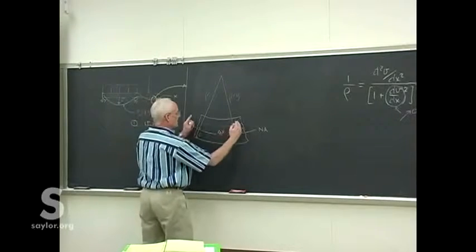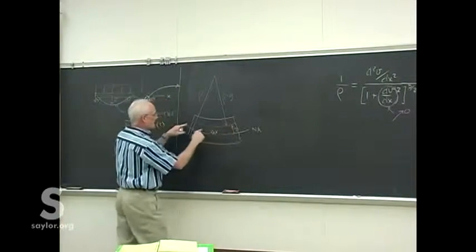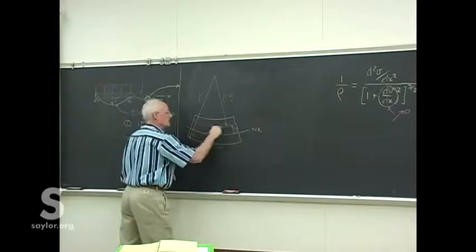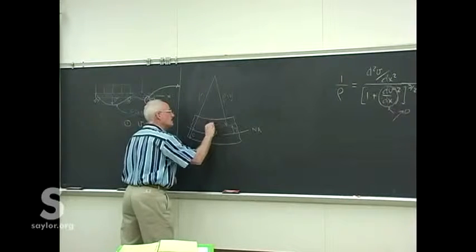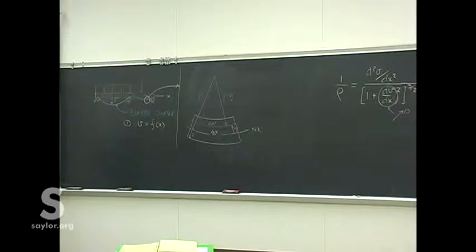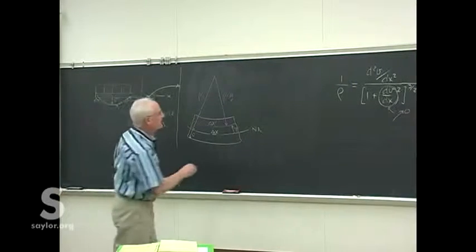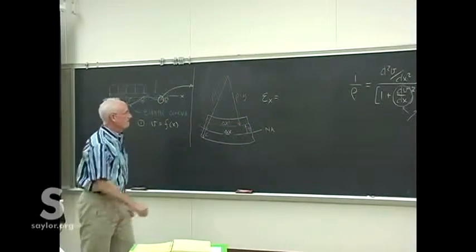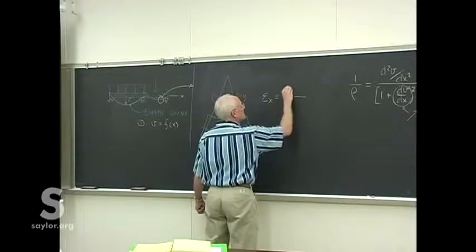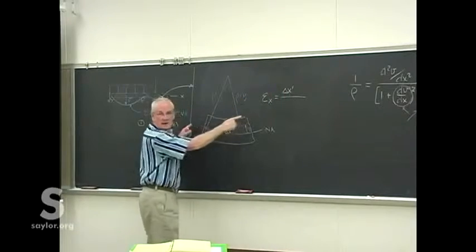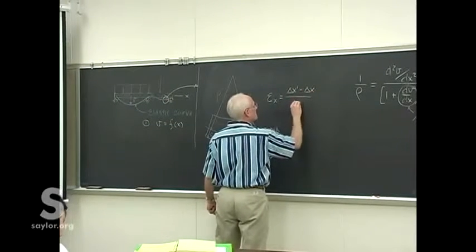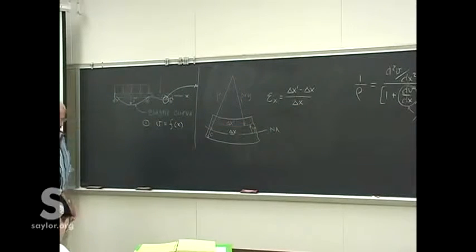When the beam's unloaded and this is straight, then the neutral axis distance is equal to the line at Y, but now that's strained, and so we'll call that delta x prime. And then we can look at the strain in the x direction as delta x prime, the strained length at some height y, minus delta x, over delta x.